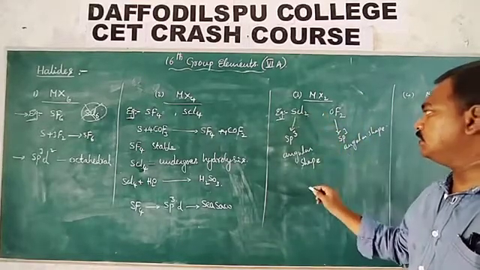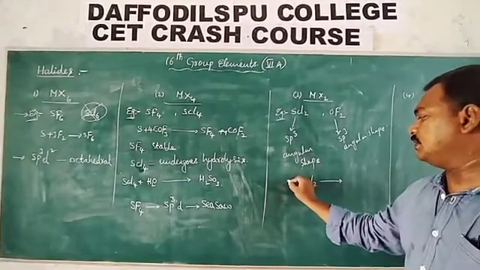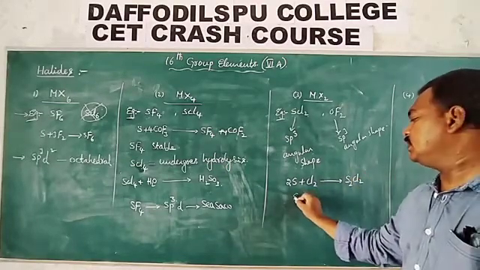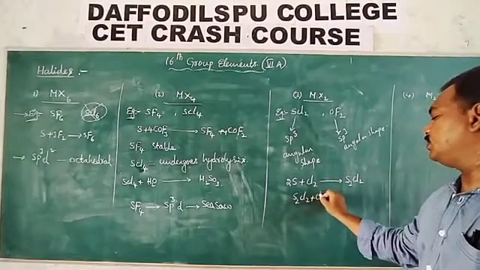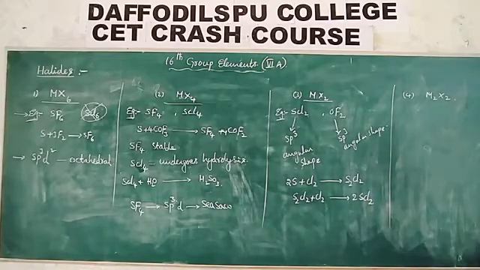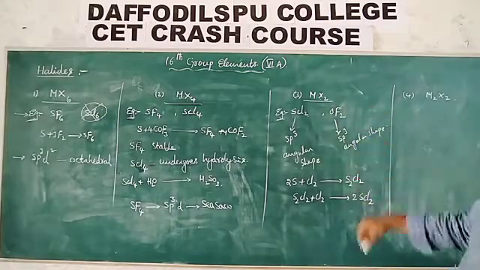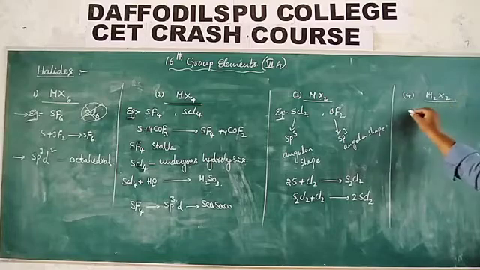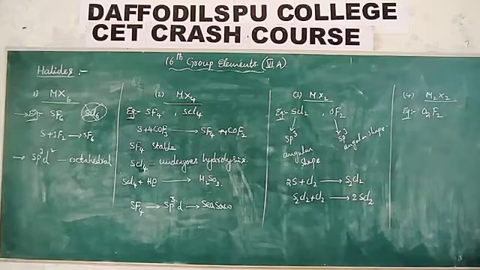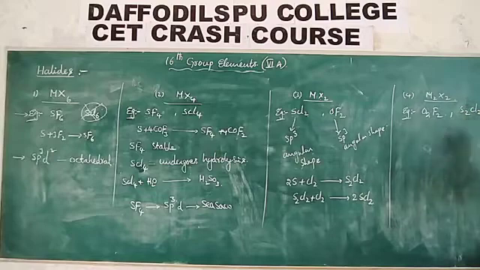How is SCl2 obtained? When sulfur reacts with chlorine, first we will get S2Cl2. This S2Cl2 on further reaction with chlorine gives SCl2. OF2 is obtained by the reaction of oxygen and fluorine. Next, M2X2. Examples are O2F2 and S2Cl2.